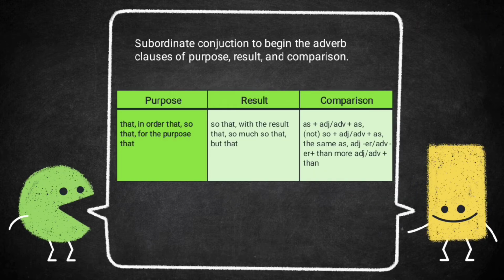The subordinate conjunctions that can be used in adverb clauses of purpose, result, and comparison are as follows. In purpose, you can use the words so that, in order that, and for the purpose that. In result, you can use so that, with the result that, so much so that, and such that.